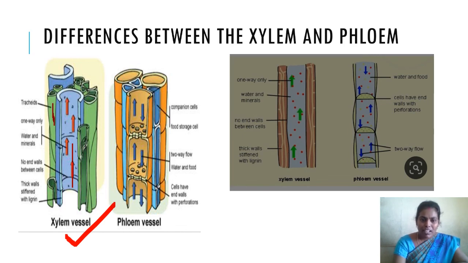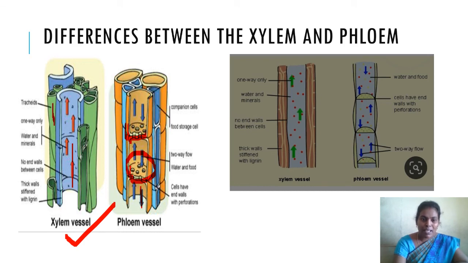If you observe the phloem vessel here, I told you 4 types of cells. These long tubules are called sieve tubules, and these sieve tubules end with a perforated plate-like structure, which is called sieve plates. So many holes are present in between. In the xylem, no end walls are present, but in the phloem, end walls are present.